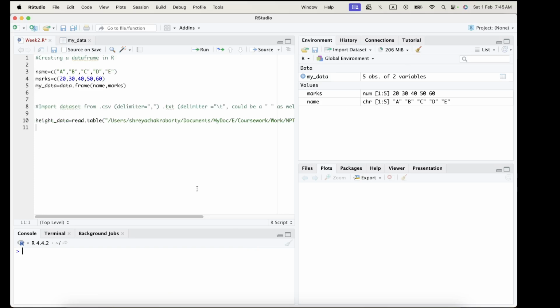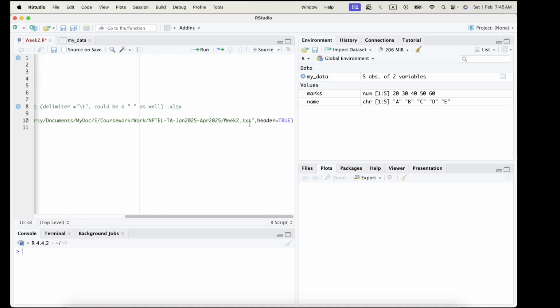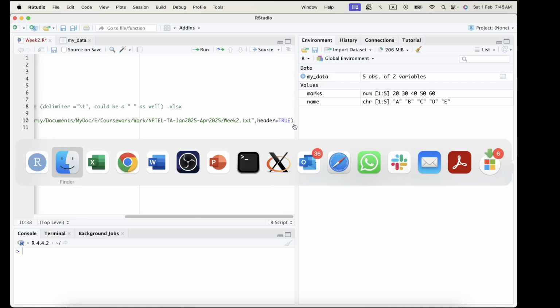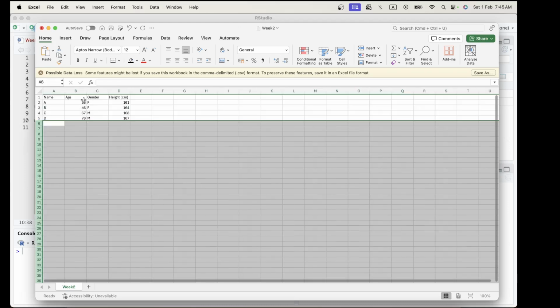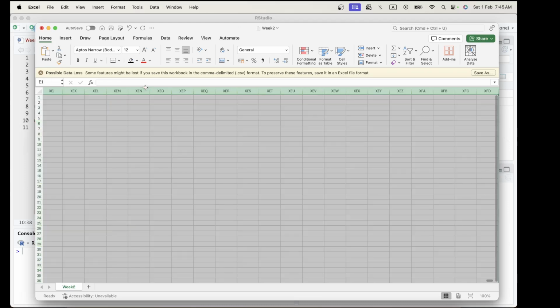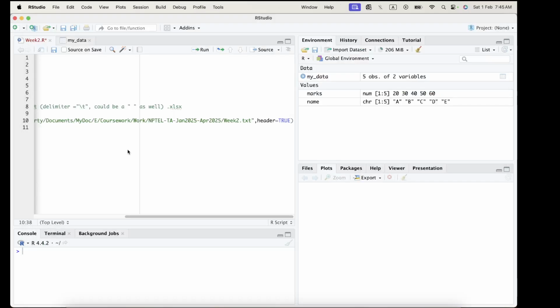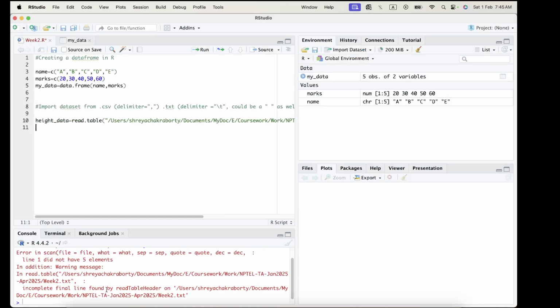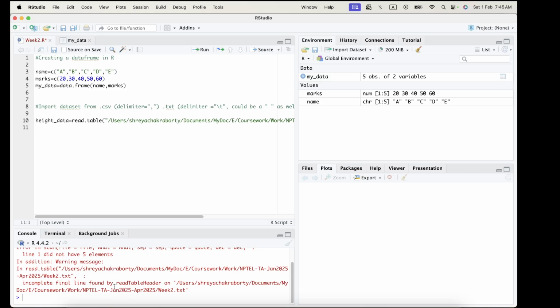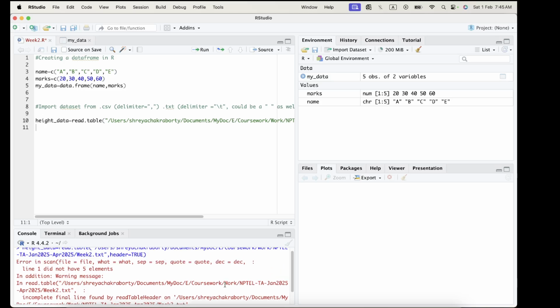Let me just find out what went wrong. So height.table, and then we are providing the path and header equal to true.